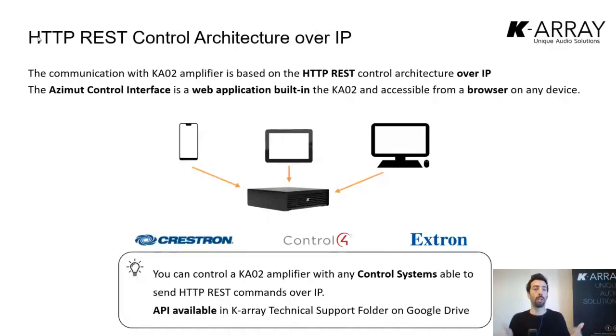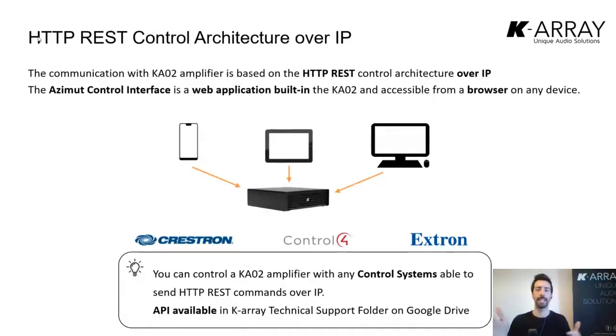You can also use, of course, external control systems like Crestron, Control4, Extron, name it. In this case, the communication between your devices, your control systems, your phone, your computer, whatever, and the amp is based on IP communication. So this is really Ethernet, a local network or whatever you want to create. It's not RS485 serial.